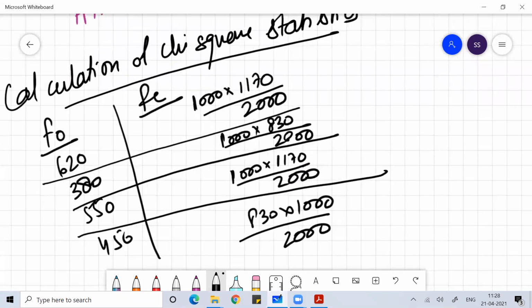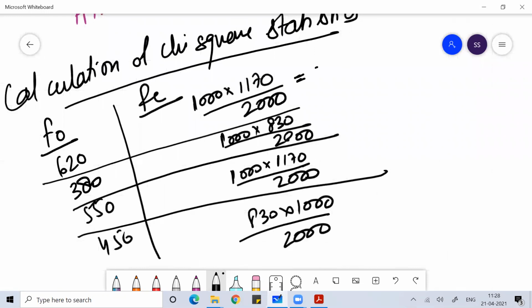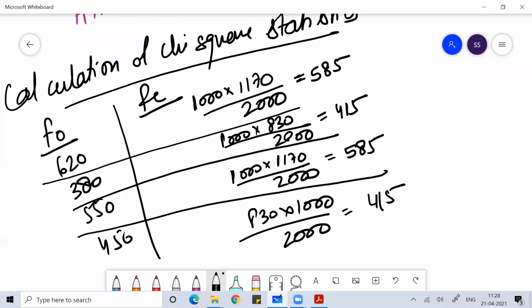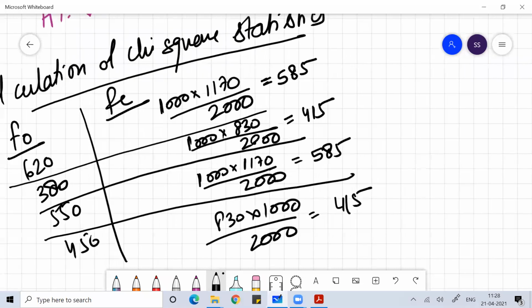So my expected frequencies are 585, 415, 585 and 415.